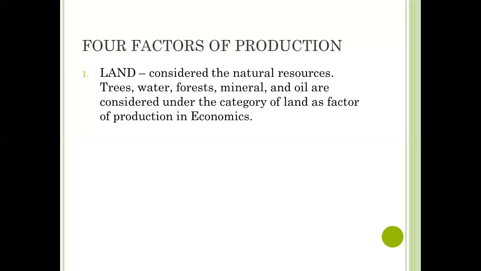Trees bear fruits. Water has its own creatures such as fishes, shrimps, oysters, shells, and other ocean creatures. Meanwhile, mineral and oil are essential products that are used in the production of other products such as fuel, gasoline, and energy that gives life to our industry. So basically, those examples are considered the natural resources that we have in land.